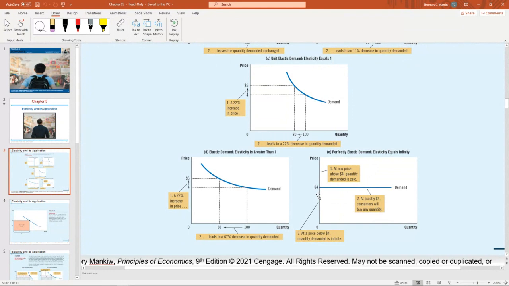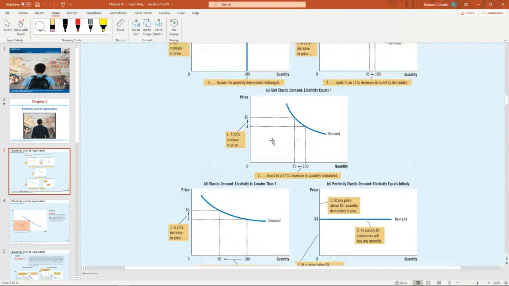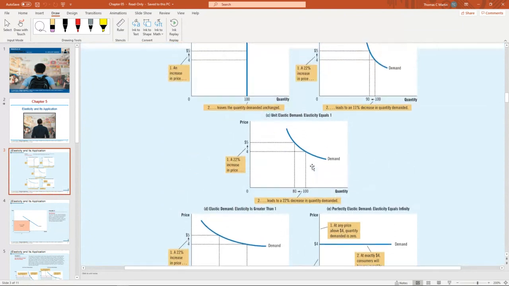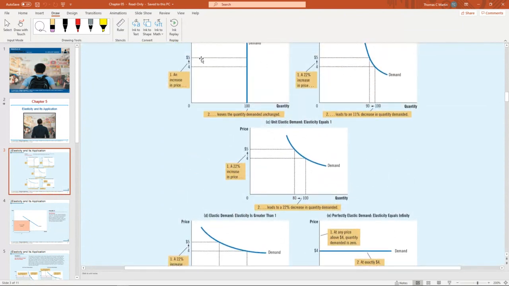I'm going to sell it at $4, because that's what the market demand is telling me. I'm not going to charge $4.01. I'm not going to charge $3.99. I'm going to charge $4. So this is a description, and it shows the inelastic curve and the elastic curve.